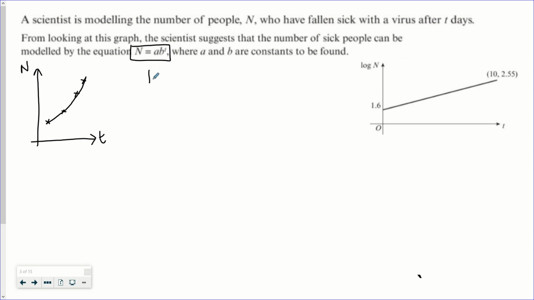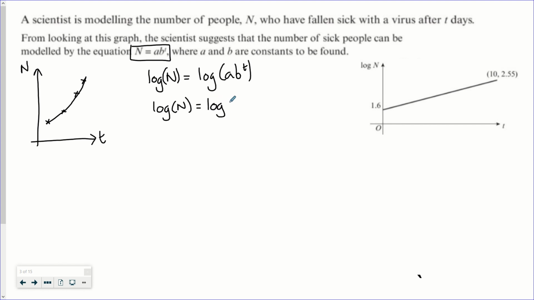And the way that we do that is we take logs of both sides of the equation. So we'd get log n equals log of a b to the t, and we can use some log laws on the right hand side in order to get a linear relationship in t.